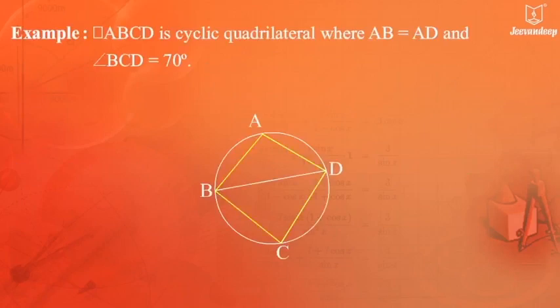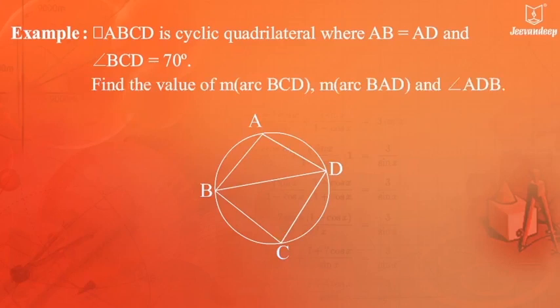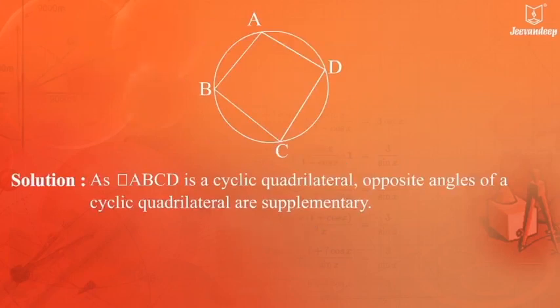Example: Quadrilateral ABCD is a cyclic quadrilateral where AB equals AD and angle BCD equals 70 degrees. Find the measure of arc BCD, the measure of arc BAD and angle ADB. Solution: Quadrilateral ABCD is a cyclic quadrilateral.